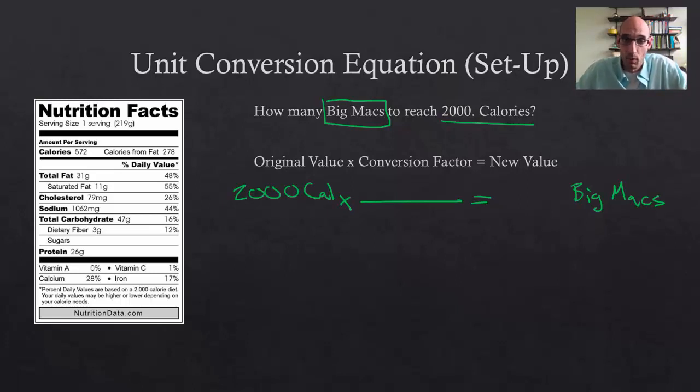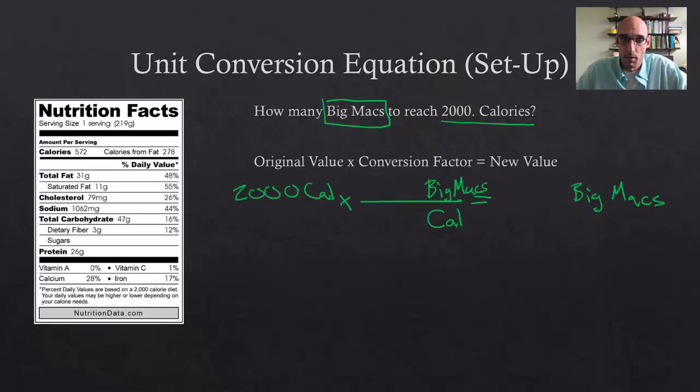That means calories is on the top here, so I need to put it on the bottom in my conversion factor. I want calories to cancel. And then on the top, I want Big Macs because I want that to be the result, right? If I multiply calories times Big Macs per calorie, calories cancel, and we should end up with just Big Macs.